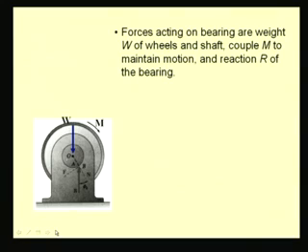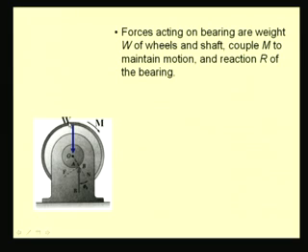So, this figure shows the pulley which is being supported by this axle, which is supported by this bearing block. This circle shows the bearing surface where the axle is in contact with the bearing block.